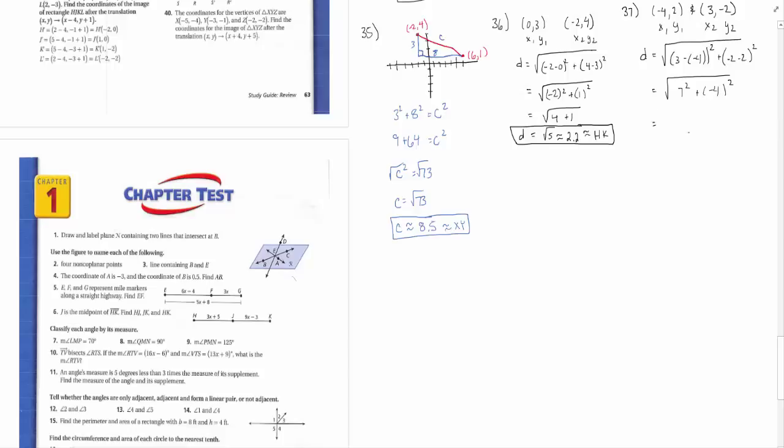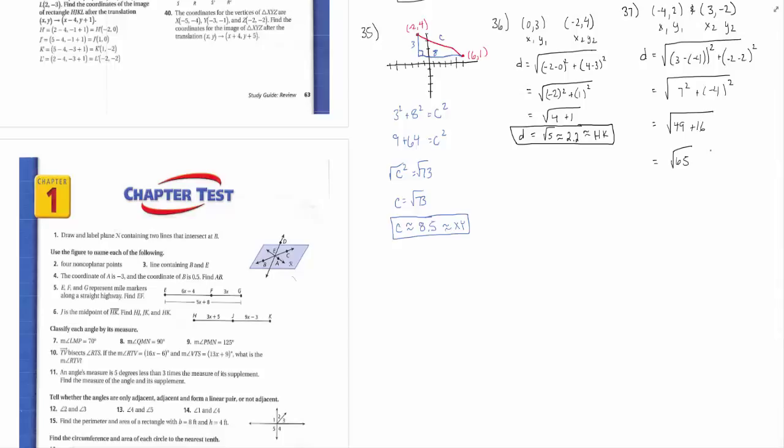Alright, so keep simplifying here. Again, all we're doing is the Pythagorean theorem. But I have 7 squared is going to be 49. Negative 4 squared is 16. So that's going to be 49 plus 16. So that's what, 65. 65 is another one of those things. It's not a perfect square, so we have to get a decimal equivalent.